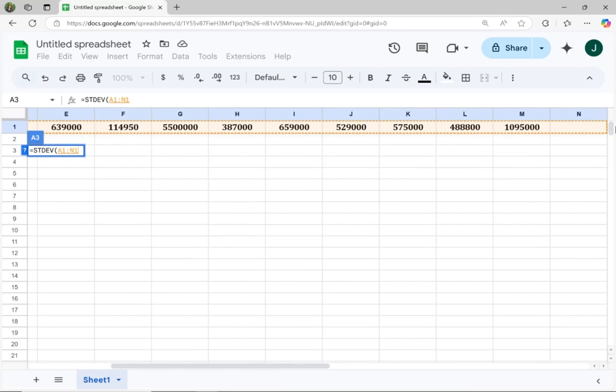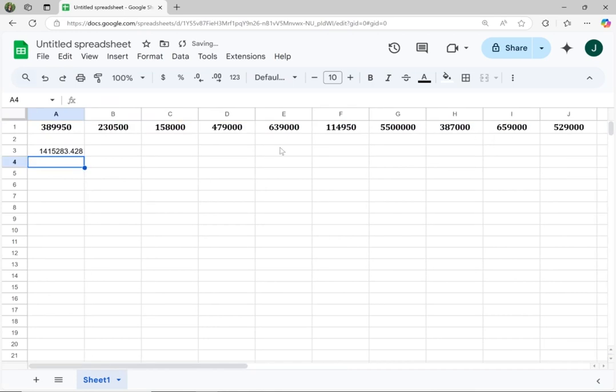The function here is equal STDEV. Okay. Click on that option. Now you need to highlight the data values. Let's go ahead and highlight all the data values and then close the parentheses, click enter. And this is your standard deviation. This is your S value.